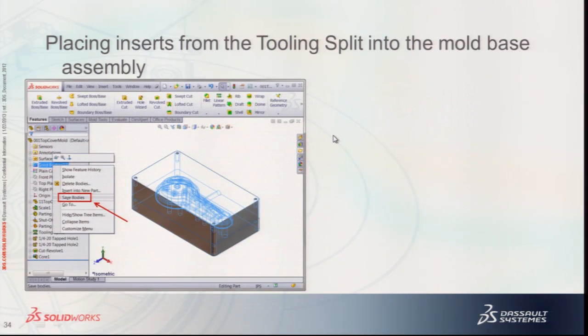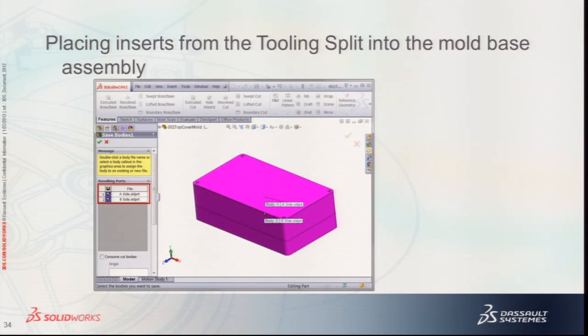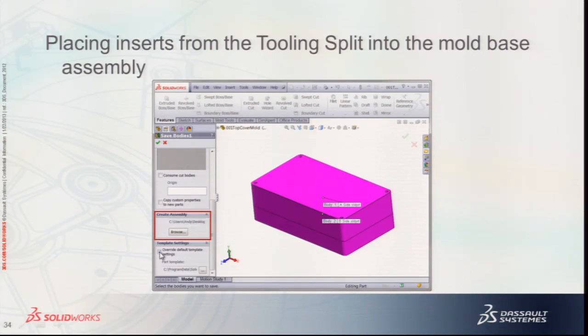And so if I right-click on the Solid Bodies folder of SolidWorks and click Save Bodies, it'll bring me to a property manager which lets me actually select out individual files and then come down here to create assembly. I click on Create Assembly and it creates a separate assembly based on that.